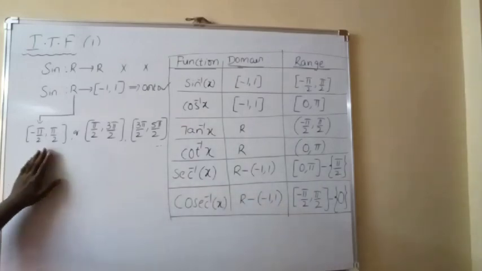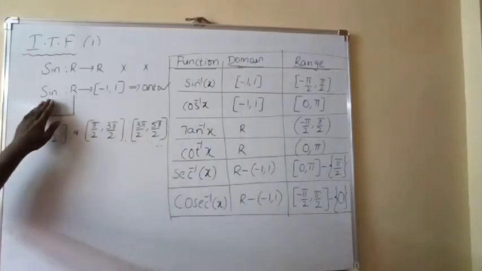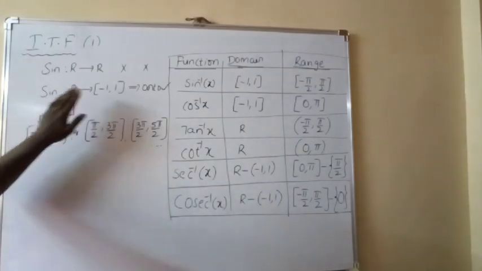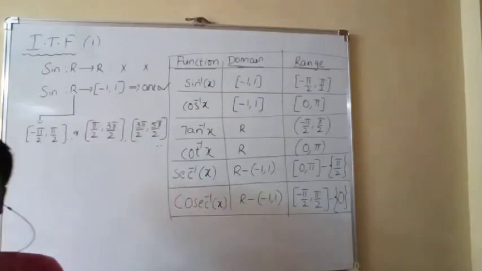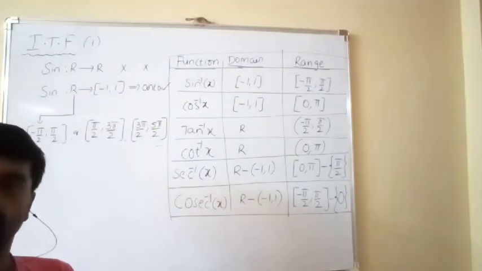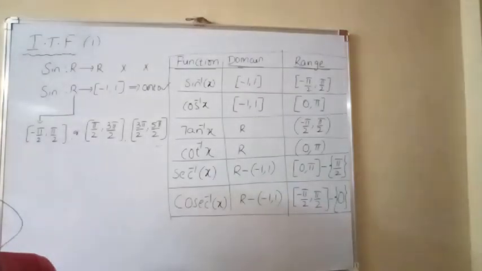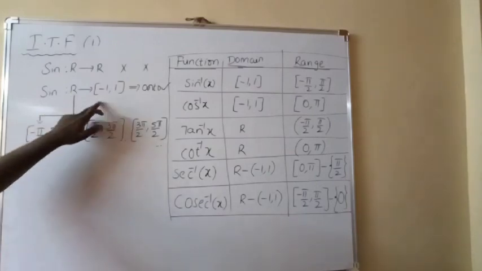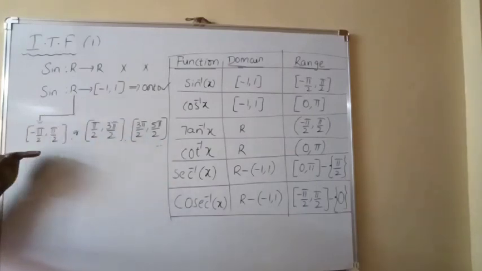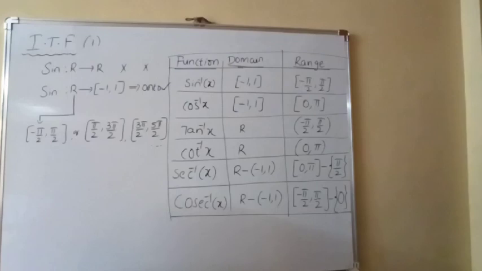So if you take any one of these intervals as the sine function's domain, then on its range the function is both 1-1 and onto, and hence it is bijective, therefore it is an invertible function. So the sine function is invertible onto its range by taking its domain as any one of these intervals.